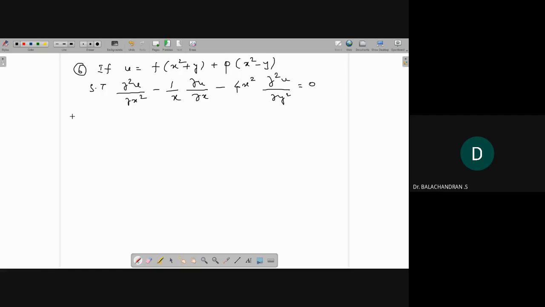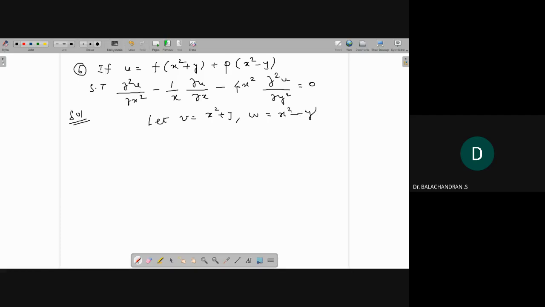So, solution. Let us take u equal to... already u is here, so it is better to take v equal to x square plus y and w equal to x square minus y.